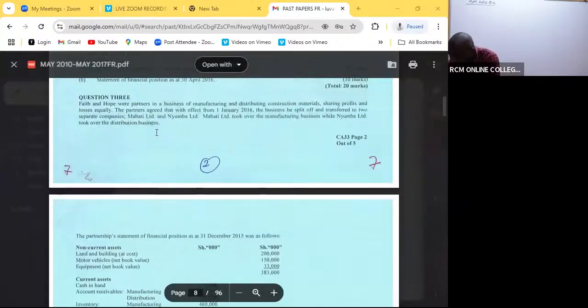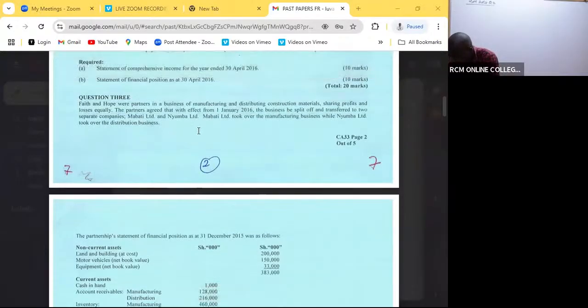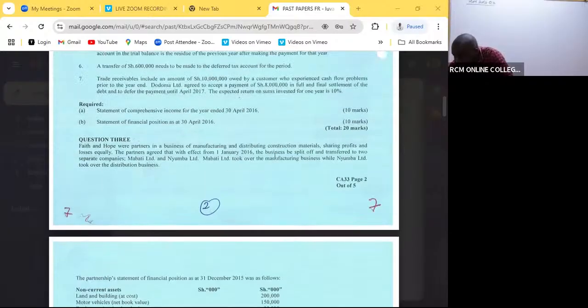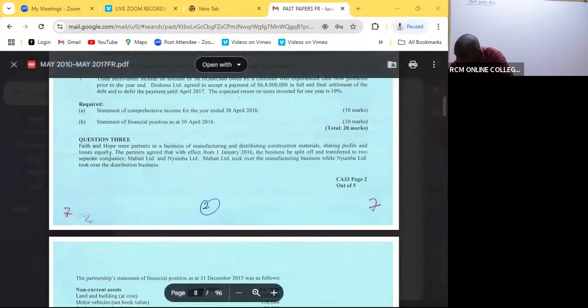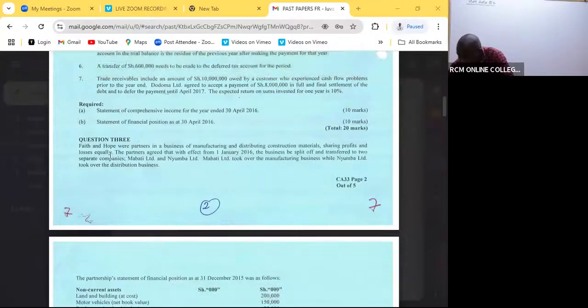It says, Faith and Hope were partners in a business of manufacturing and distributing construction materials, sharing profits and losses equally. So they were in a partnership, sharing their profits and losses equally.